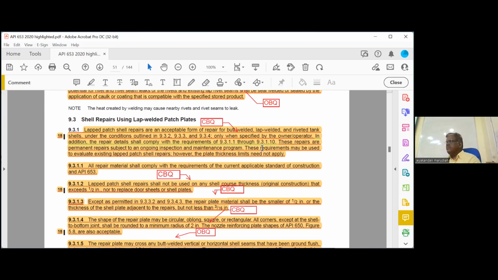That is the maximum patch plate you can use on the shell. Is it clear? Third condition, what is the corner radius? You were told 6 inch or 6T. Here it is 2 inch radius fixed. I am just comparing so that you can easily keep it in your mind. Okay, 2 inch radius should be there.